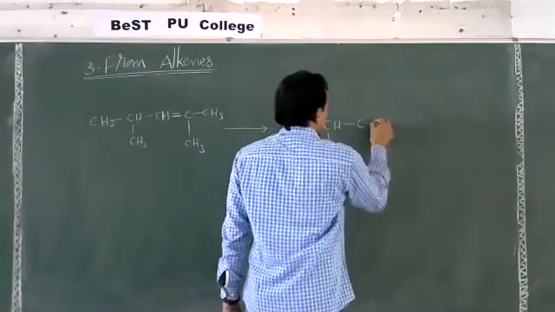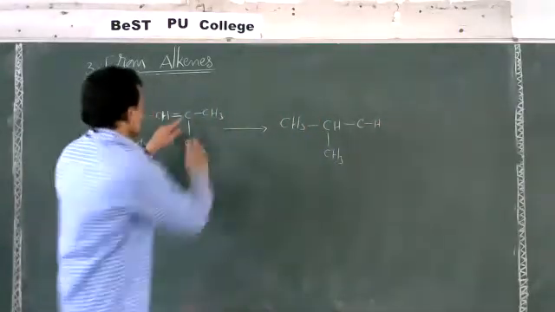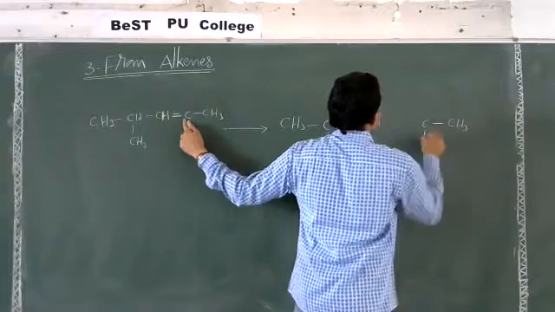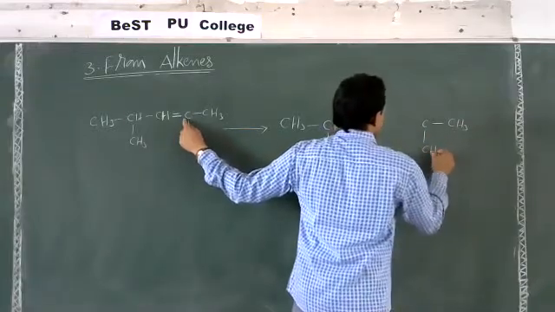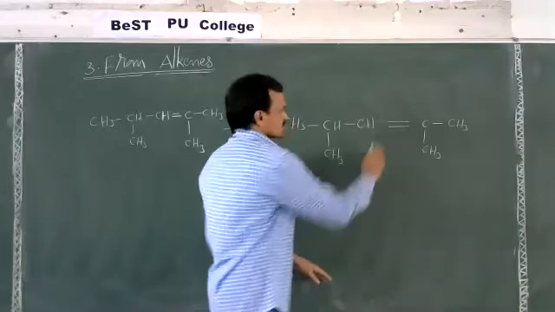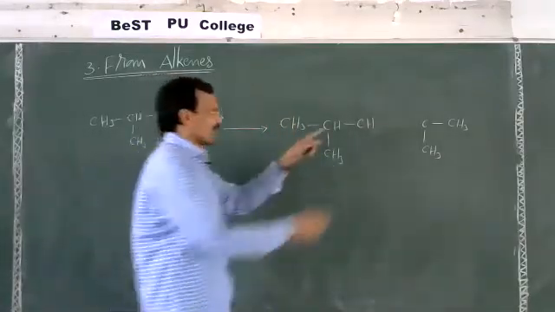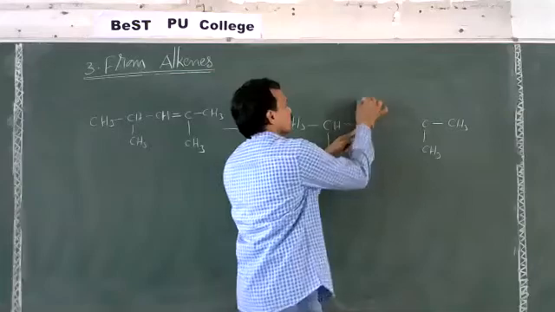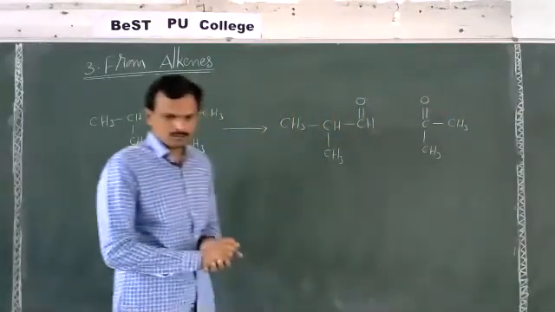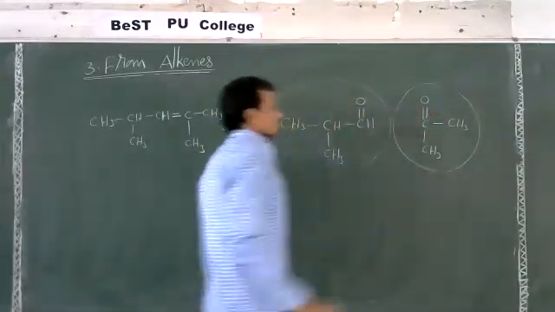That bond I will mention very clearly. CH. And one more here, C, single bond CH3, single bond CH3. Actually this is the compound. Just remove the double bond between 2 carbon atoms, and add double bond O to each double bonded carbon atom. Then this is one product and this is another product.